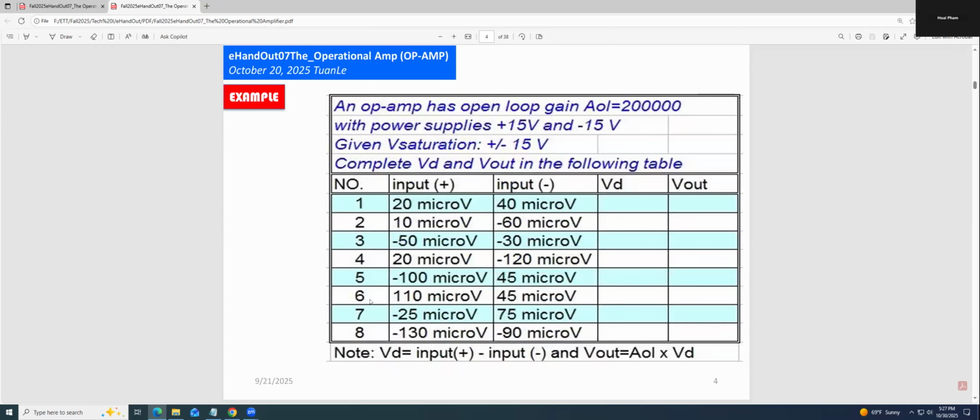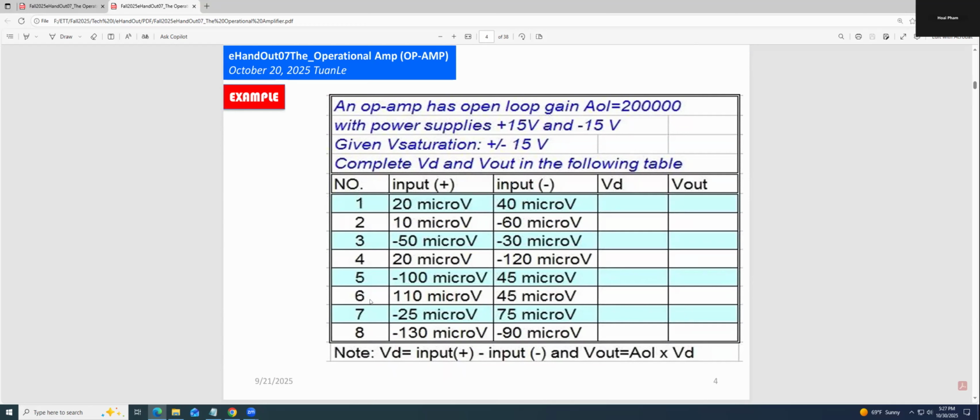Now, try to solve this one. An op-amp has open loop gain 200,000 with a power supply of plus 15 and minus 15 volts. And also the given V saturation equals plus or minus 15 volts. That means they don't care about the difference of 1.4 volts.